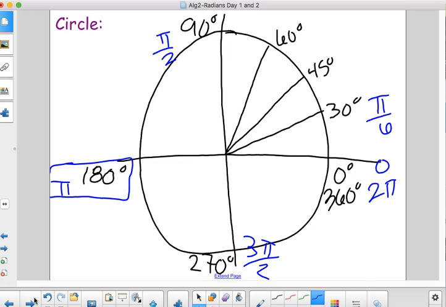How many 45s go into 180? 4. So 45 degrees is pi over 4. The last one, 180 divided by what is 60? 3. So what do you think 60 is? Pi over 3.